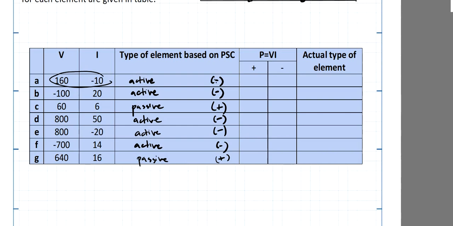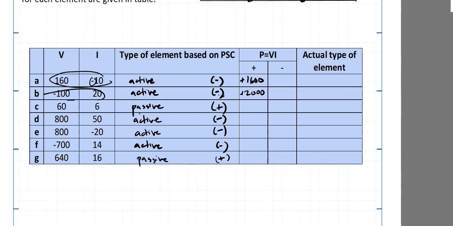For example, 160 times negative 10, that should be negative 1600. Negative times the negative right here, because it's an active element, that's going to be positive 1600. Next one, negative 100 times 20, that's negative 2000, times negative because it's an active element, so that's positive 2000.